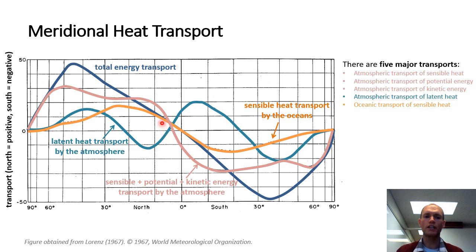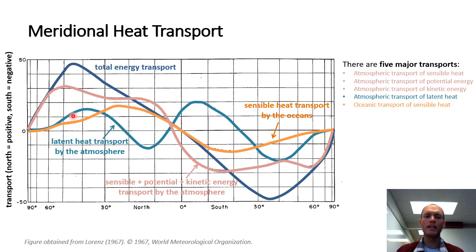Because of the convention here, these positive values are denoting transport from the equator toward the poles, or more generally northward in the northern hemisphere, and from the equator toward the South Pole in the southern hemisphere, or more generally southward. So in the total, energy transport is from the equator toward the poles in both hemispheres.